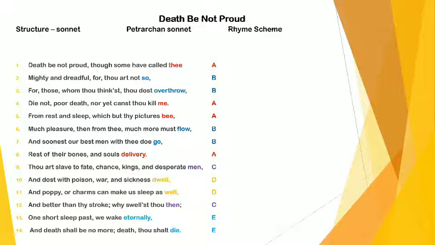Similarly, there is a full stop here also, but this sonnet is a Petrarchan sonnet because in this sonnet the last 2 lines you cannot exactly separate from the remaining lines. So this is a Petrarchan sonnet, and can be divided into 2 parts, octave and a sestet.